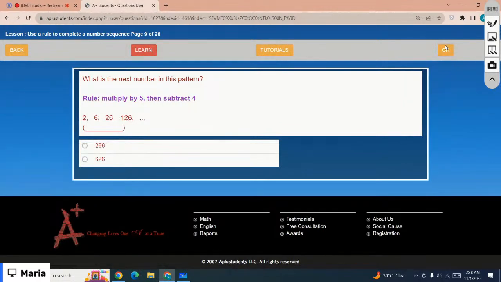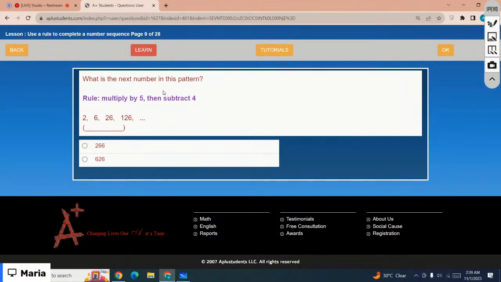What is the next number in the pattern? Yes, the next one is 126 times 5 and then you have to add 4, which is the correct option. 5 times 6 is 30.